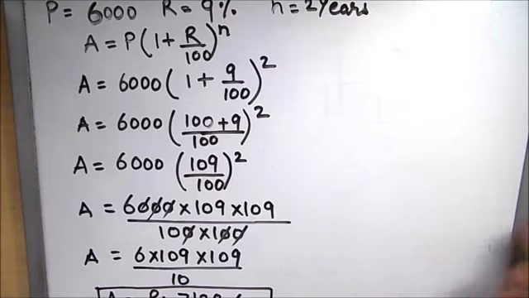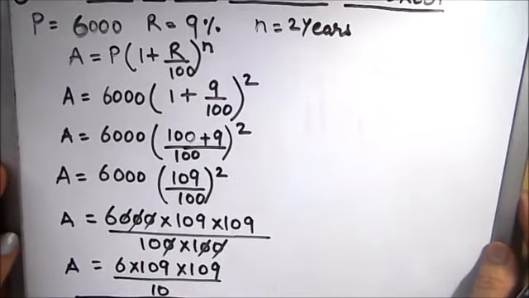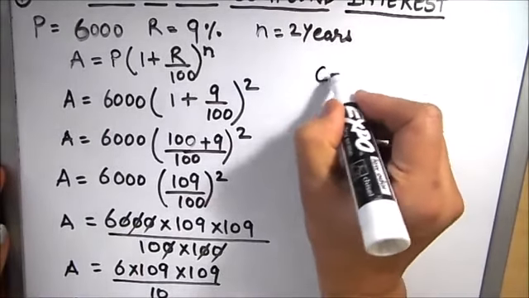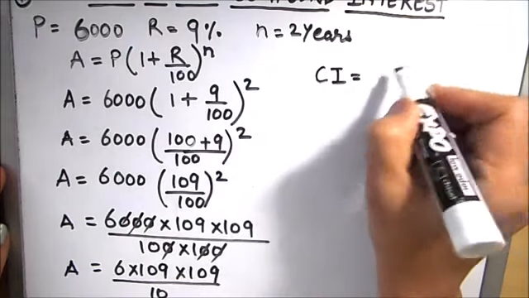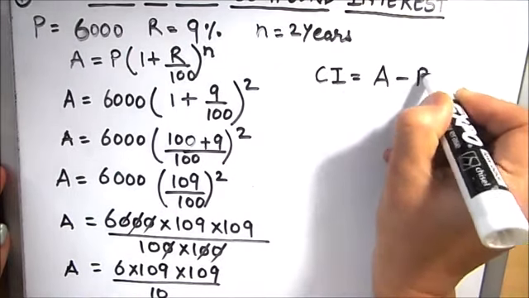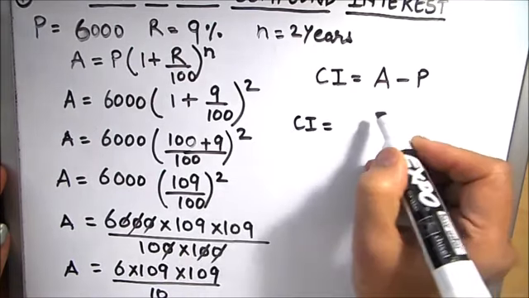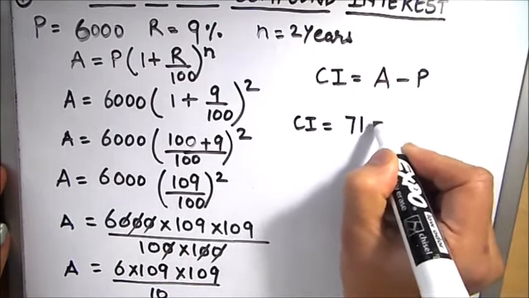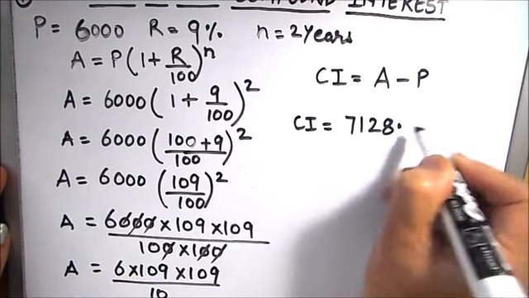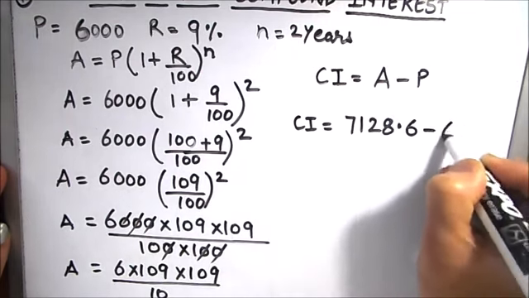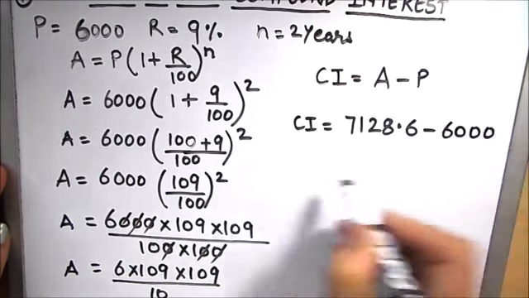Now we need to find the compound interest. Compound interest is equal to amount minus principal. The amount is 7,128.6 minus the principal amount, 6,000 rupees.